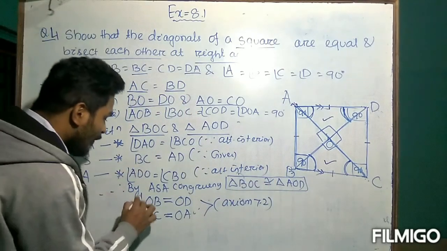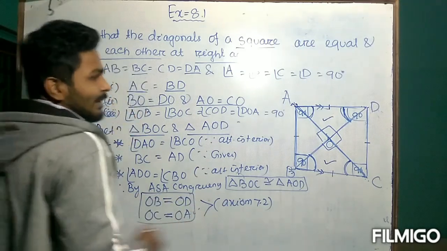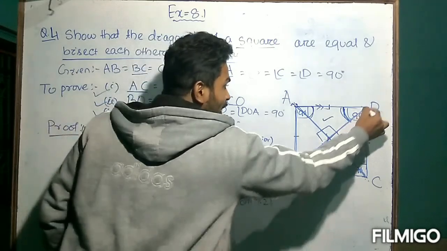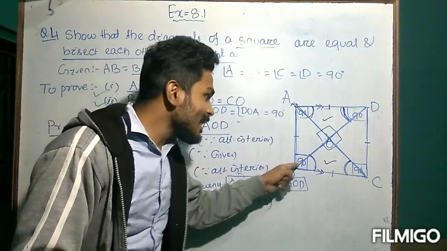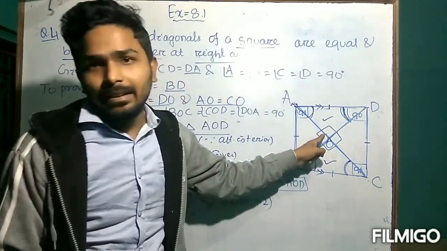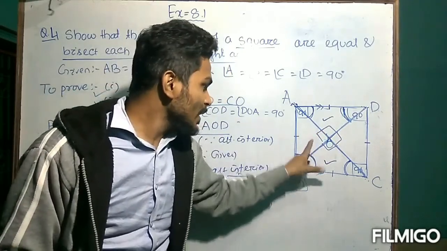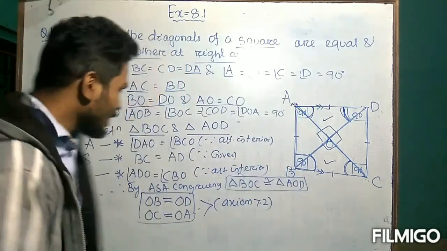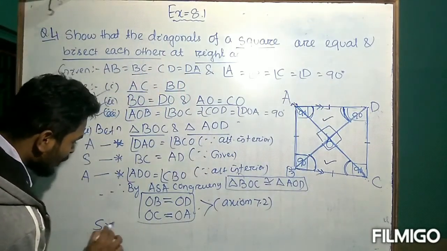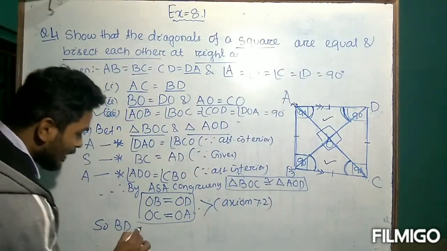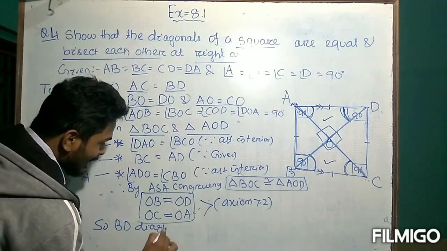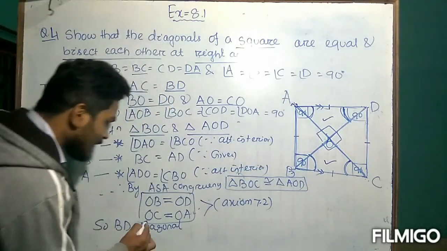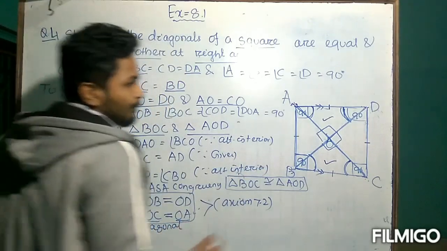So here what we have found? First thing, OB is equal to OD. It means BD diagonal is bisected into two equal halves. See, OB is equal to OD means the BD diagonal is bisected. And second thing is OC is equal to OA.